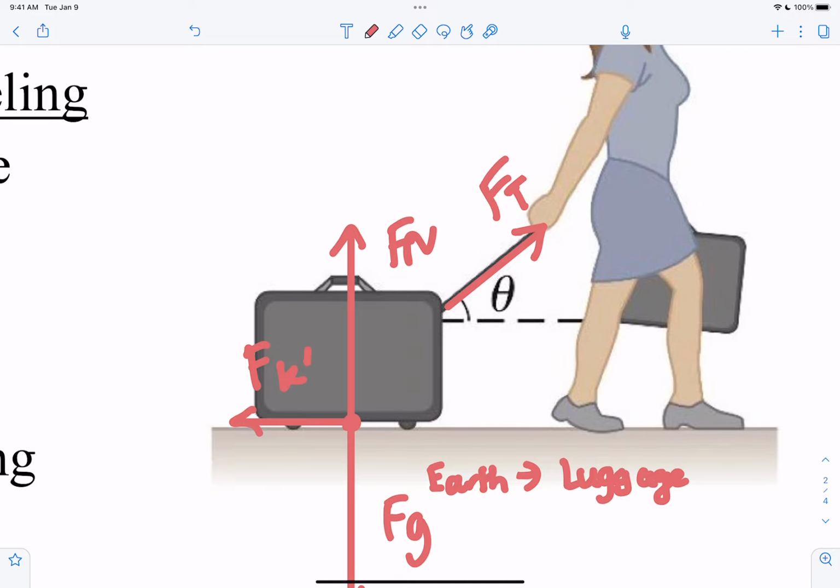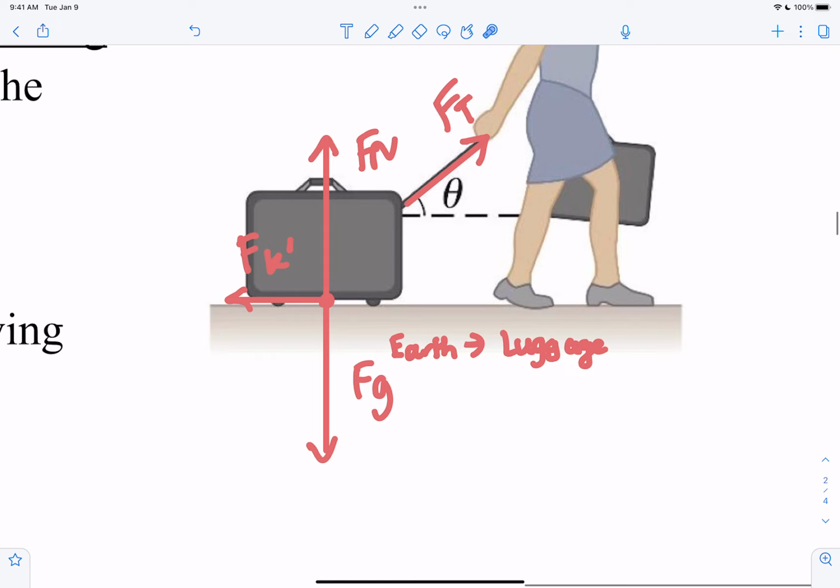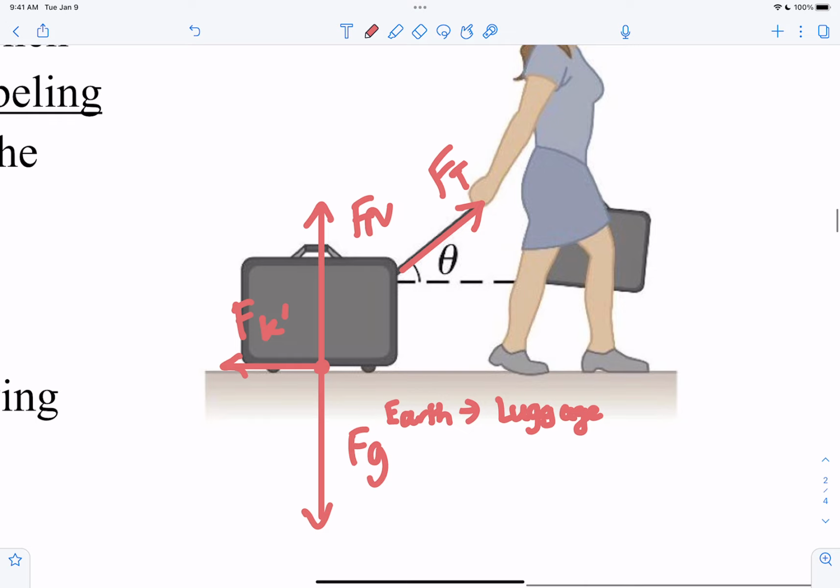Someone said the Earth, but that whole Earth on the object thing is always going to be gravity. The second one is right, the floor. So the floor on the luggage is absolutely right.